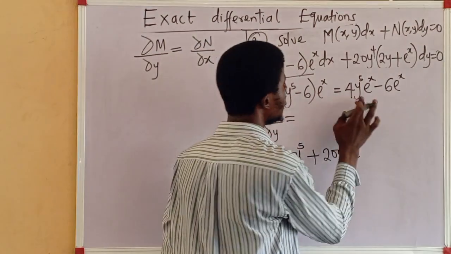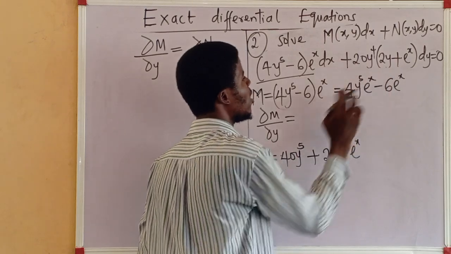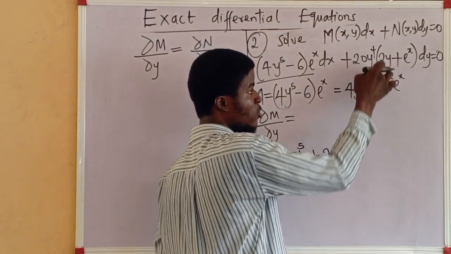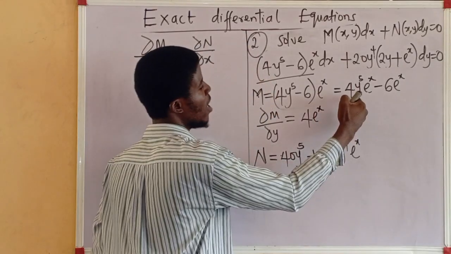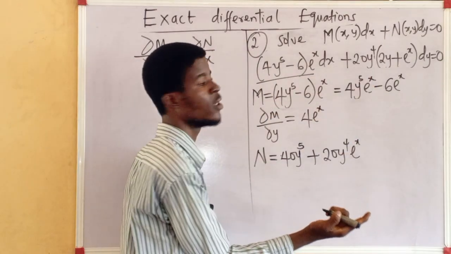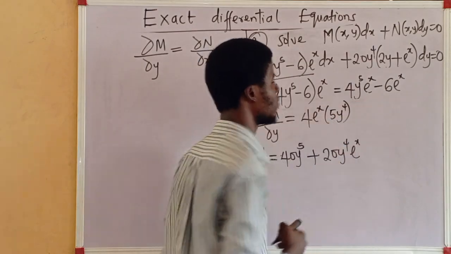So in this case now, for this first one, 4y to the power of 5 e to the power of x, we will take 4e to the power of x as a constant. Then we differentiate y raised to the power of 5 with respect to y. And that will be what? 5y to the power of 4.